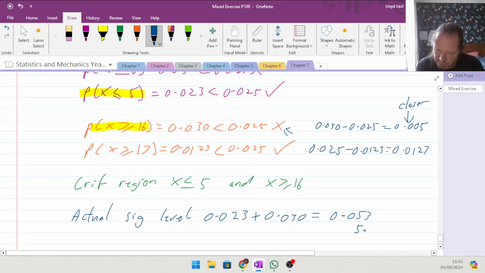So 5.3% is our actual significance level.